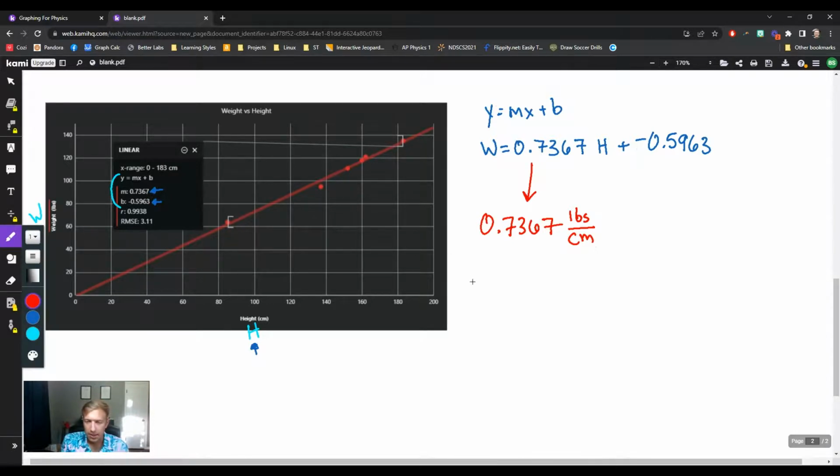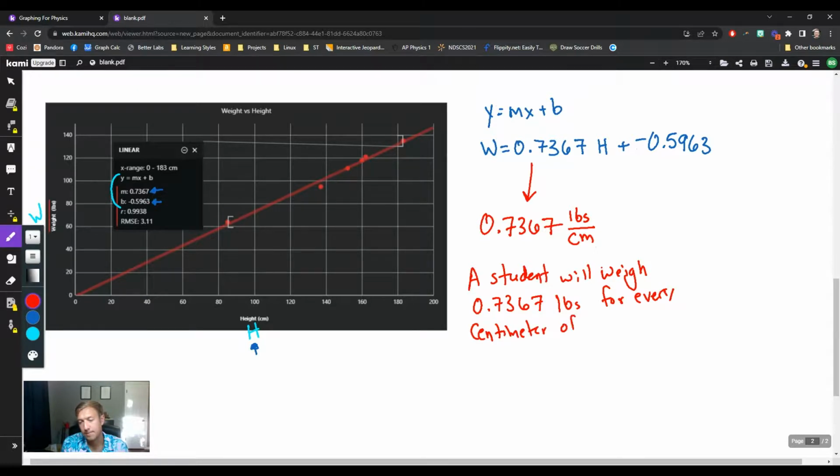So a student will weigh 0.7367 pounds for every centimeter of height. So in theory, if a student knew how many centimeters tall they were, they could figure out their approximate weight. Or if they knew their weight, we could work backwards and figure out their approximate height.